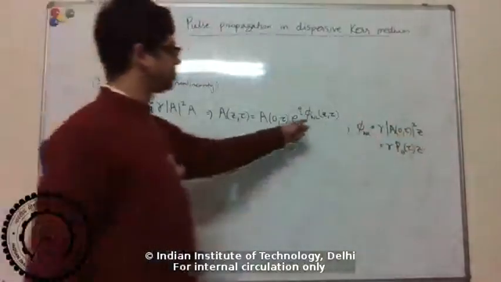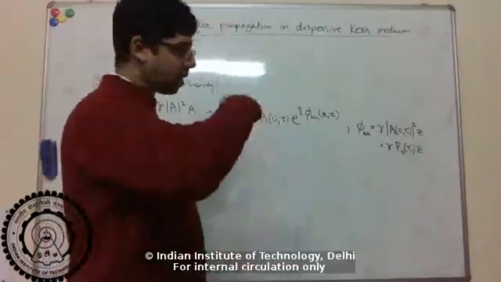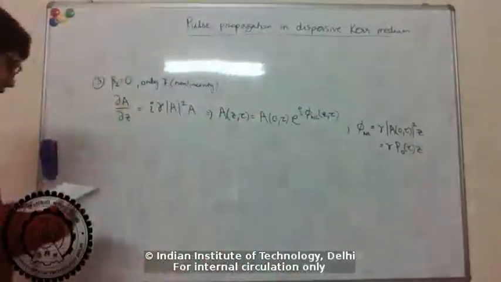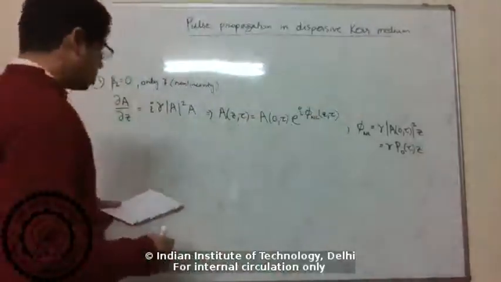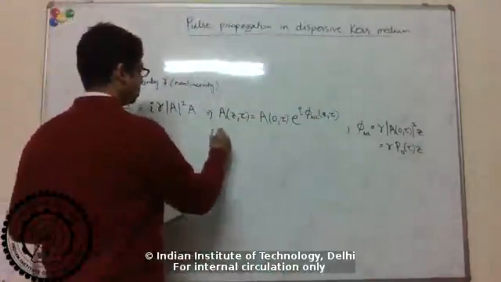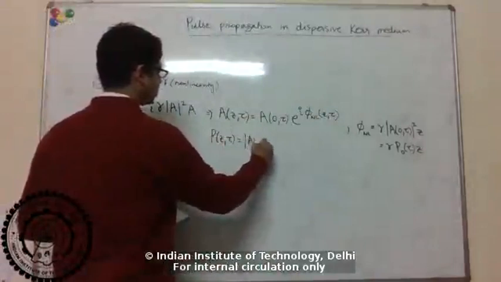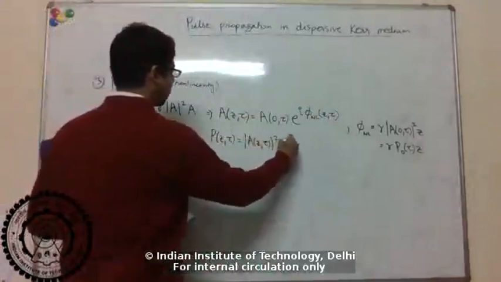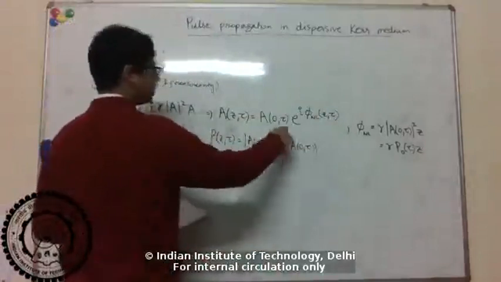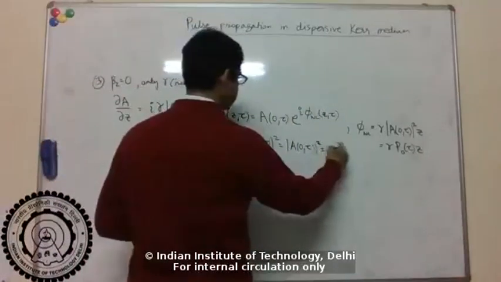So since now the power is a function of time, this phase is also a function of time across the pulse. Right. So if you look at the power in the pulse, that's the mod square of this. That is actually invariant, right? Because you're just getting a phase in the time domain.